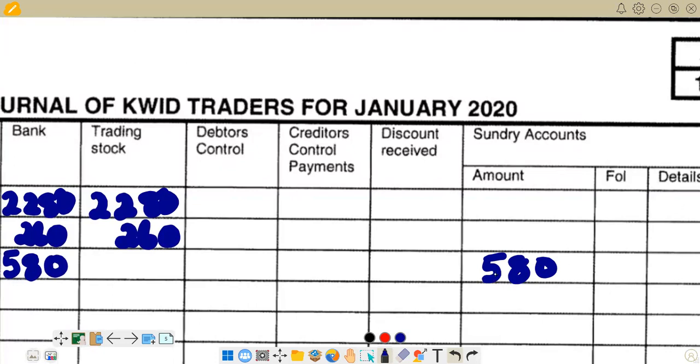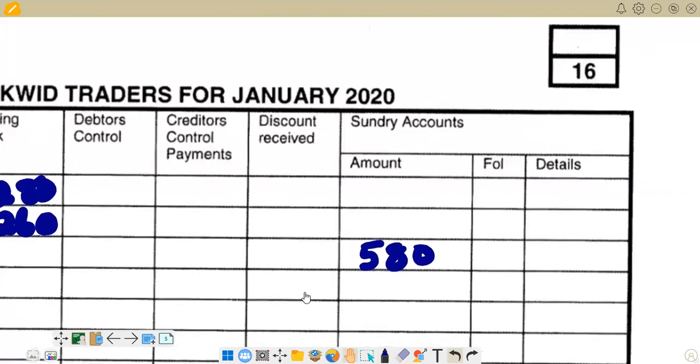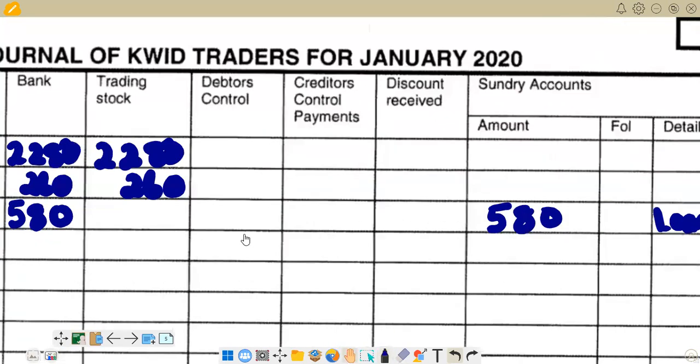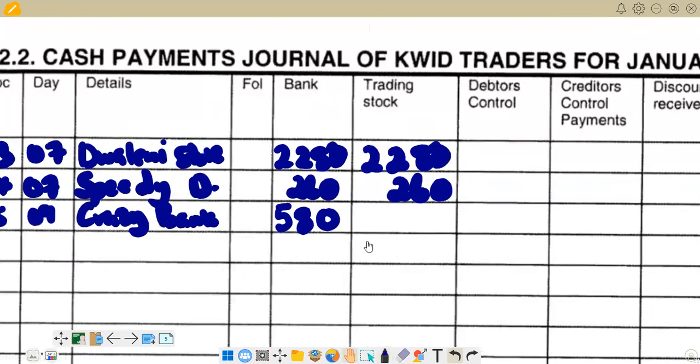So we can enter it as loan, Crazy Bank. So here we are saying it's loan, and it's for Crazy Bank. So this is what we have there. Then we can move on to the next transaction according to the questions that we are given.